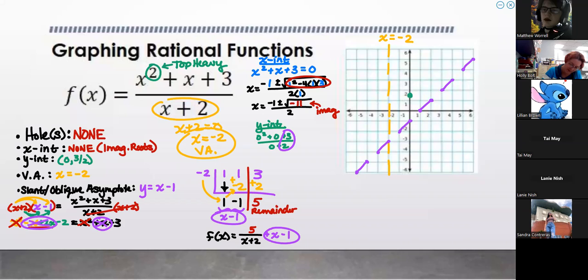So those are going to cancel, which means I end up with -2 equals 3. That is ridiculous. So there are no points of intersection with our slant asymptote.